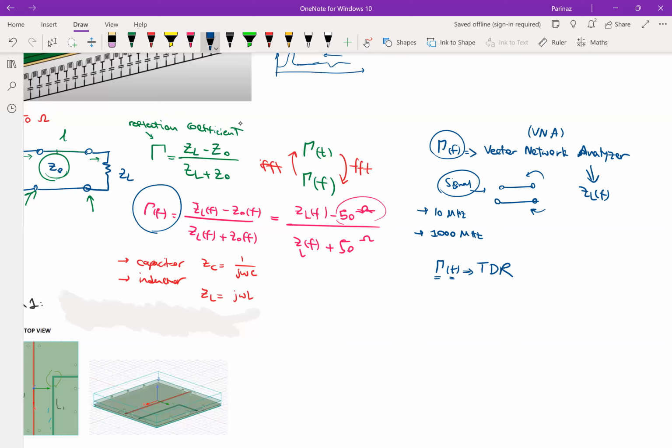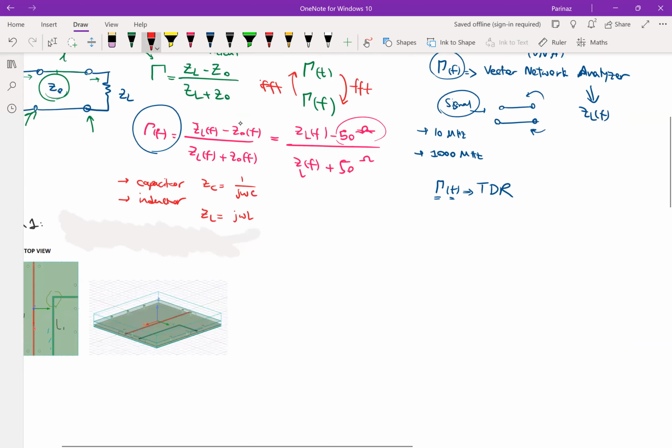So in TDR, you can have a signal generator and generate a very narrow pulse, and then send this to your device.